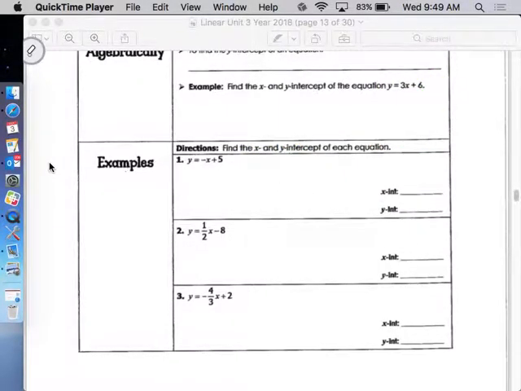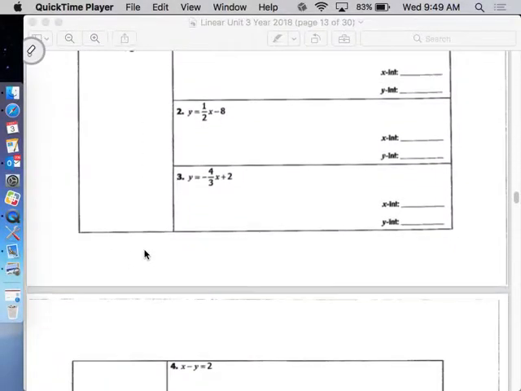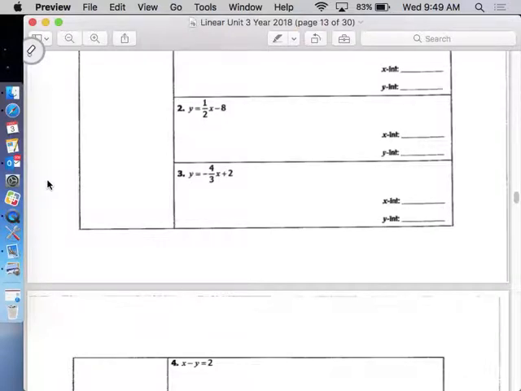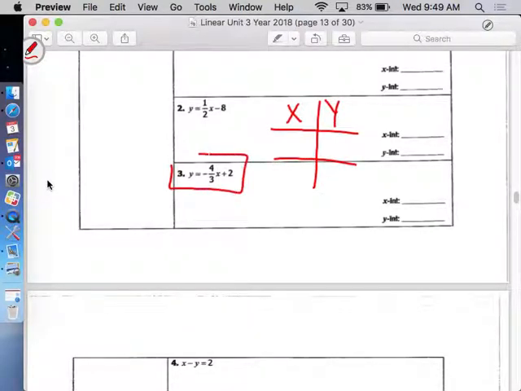Let's see, let's do number 3 on the video. Let's do number 3, so we'll draw our table. And I'm going to do number 3 and let the variables take turns with the value of y. First of all, when x is 0, y takes on the value of 2.